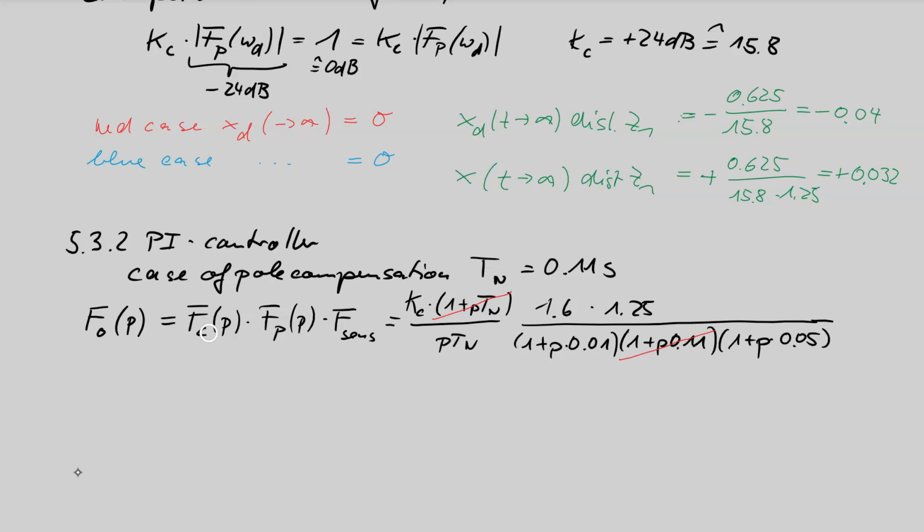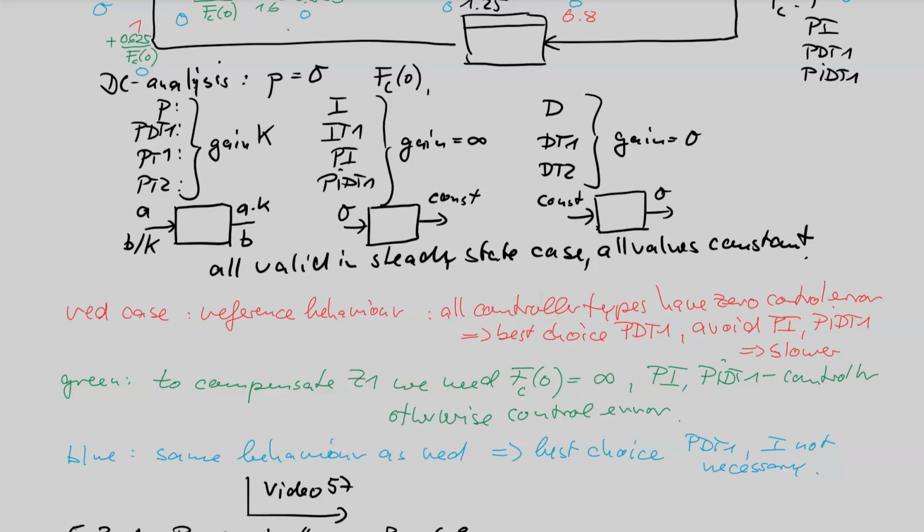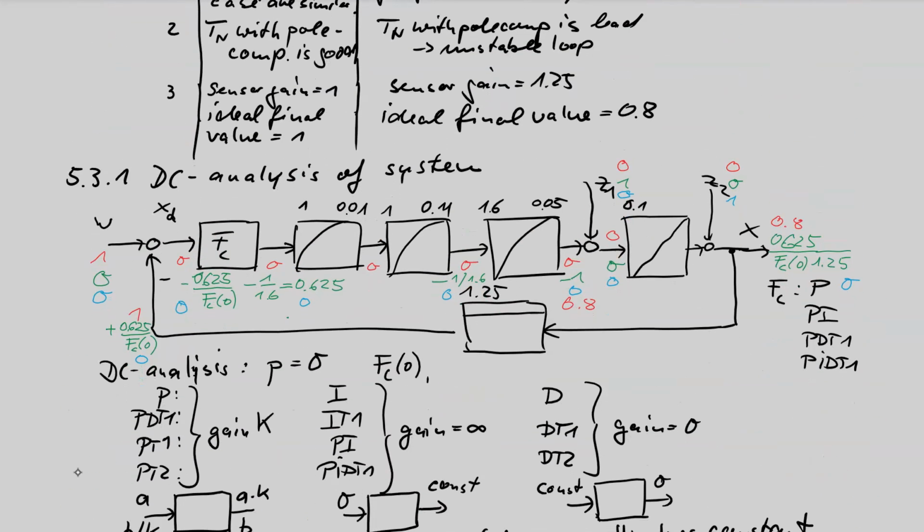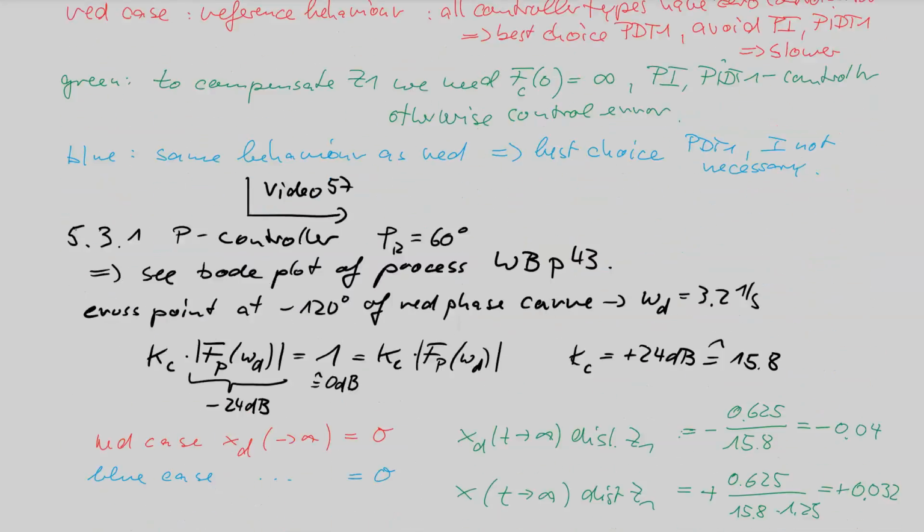And then we have forgotten the integrator p and here 0.1. Sorry for this. The integrating transfer function is 0.1 divided by p.